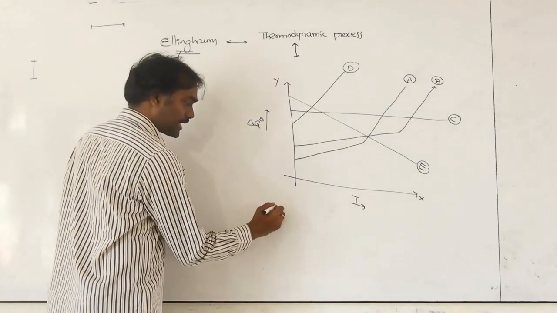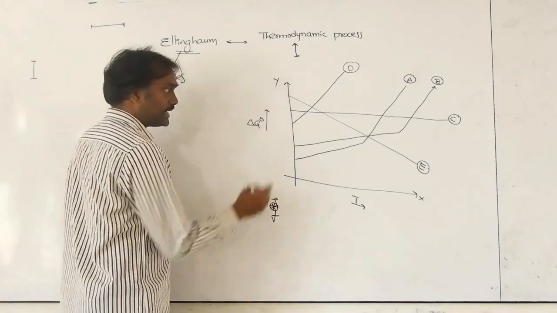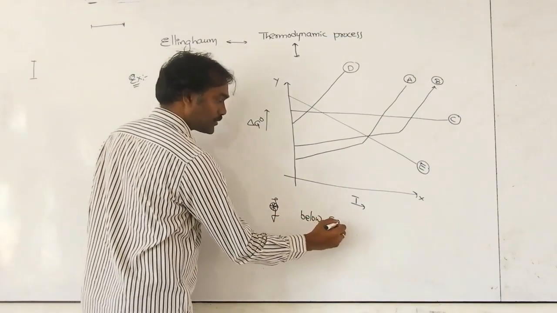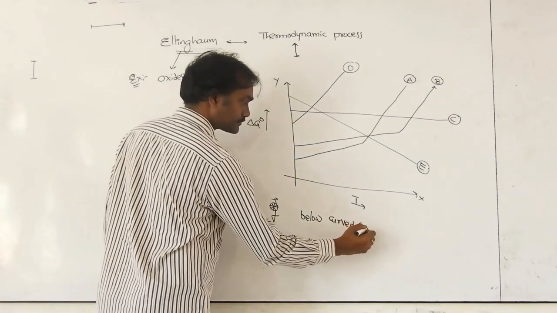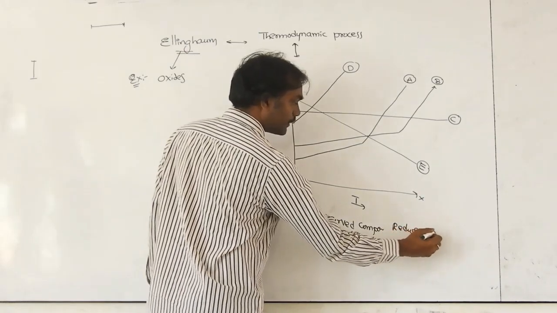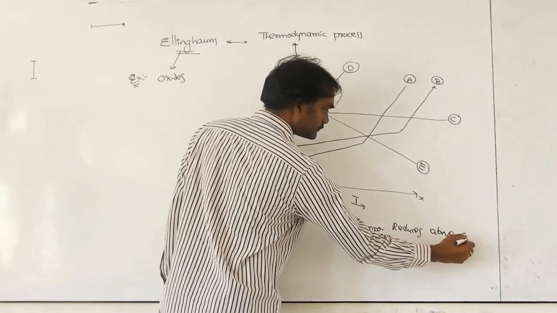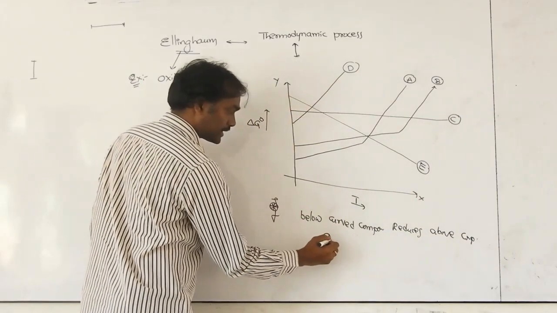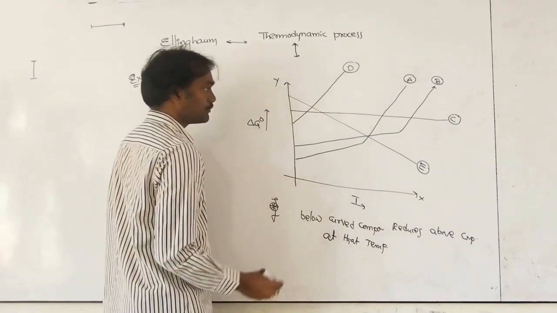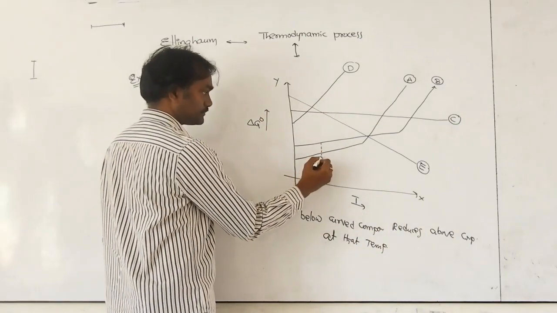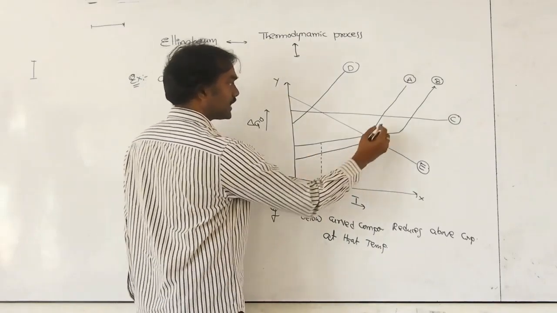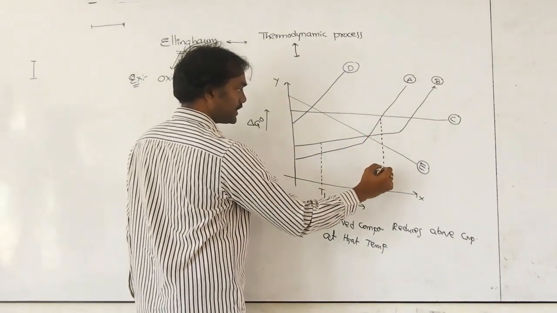In the Ellingham diagram, what is important? In this graph, the compound below reduces the compound above at that temperature. Suppose you take T1 degree centigrade and next T2 degree centigrade.